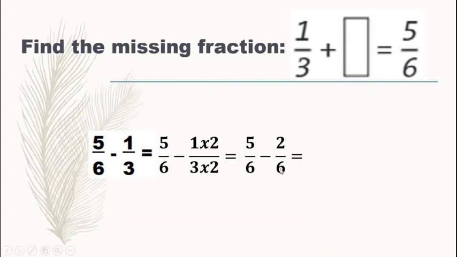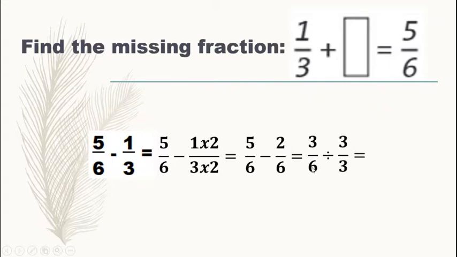Now that we have the same denominator, we can now subtract our numerators directly. 5 minus 2. That is 3 over 6.